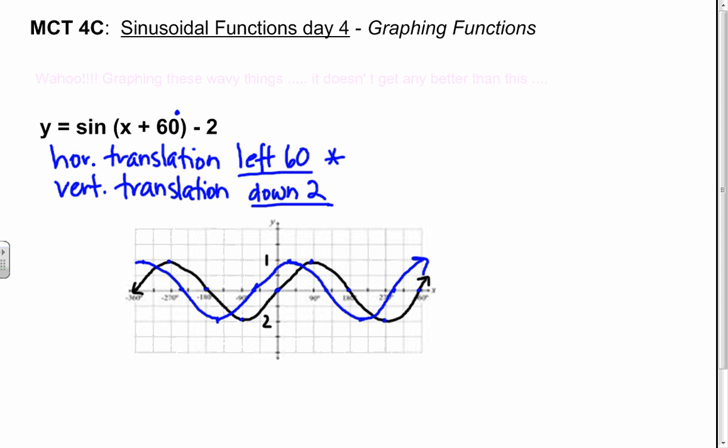Now we're going to take that entire graph and move it down 2. So my new blue graph is going to be moved down 2. And I did something really silly on my scale here. Sorry about that. Down 2 would be 4 squares down. I'm just picking those same key points again.